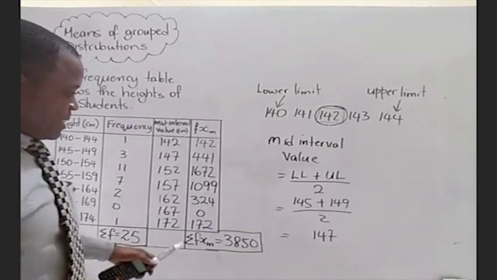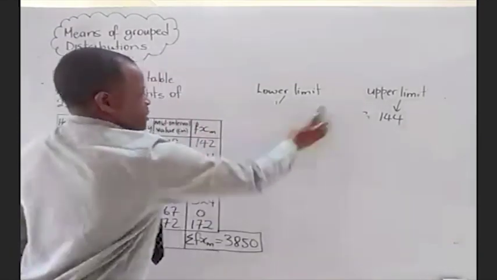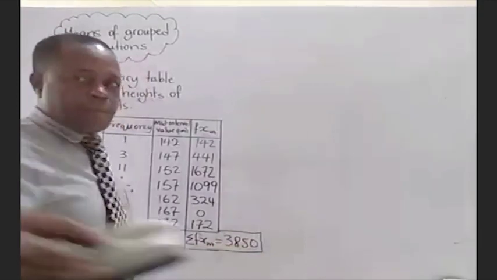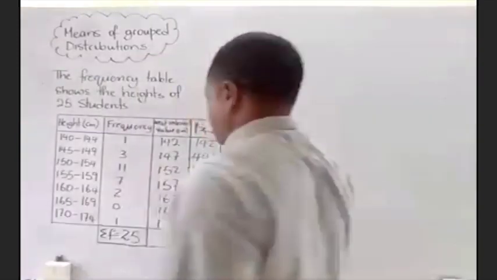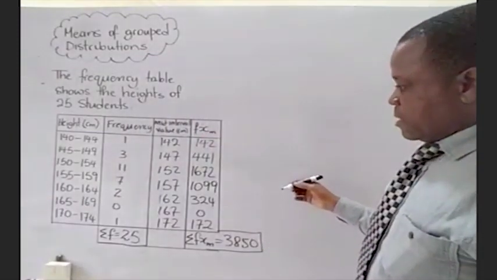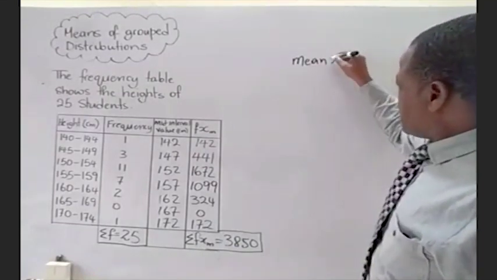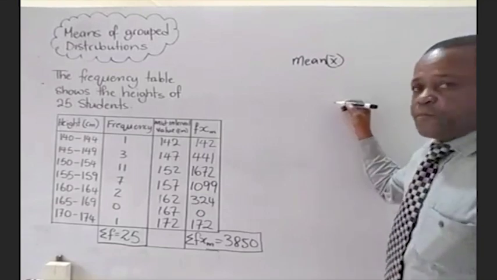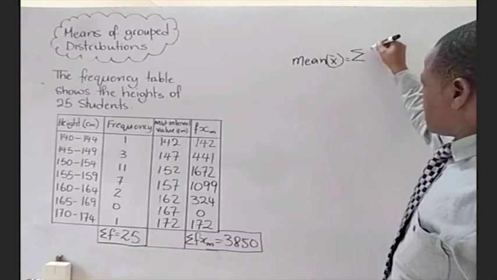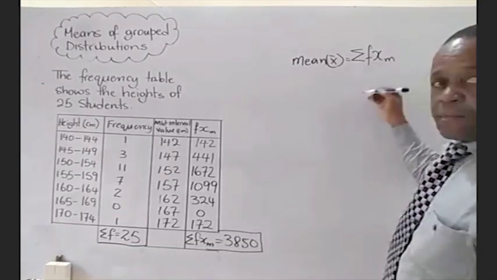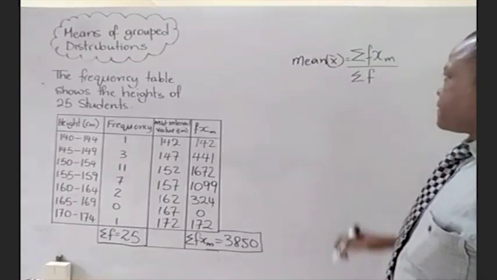With that said, we can now calculate our mean from the frequency table, and it's a group frequency table. So in this case, to find our mean from the group frequency table, we're going to be using the sum of fxm divided by the sum of f.